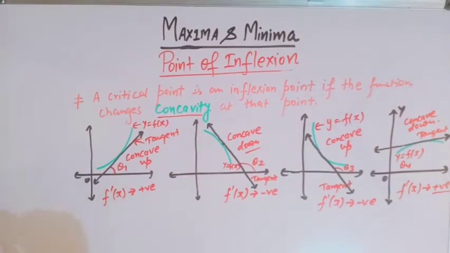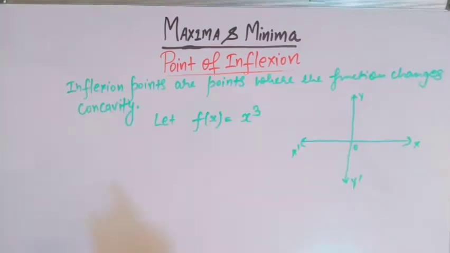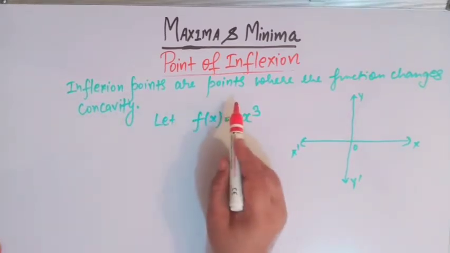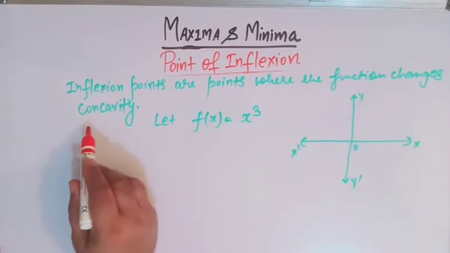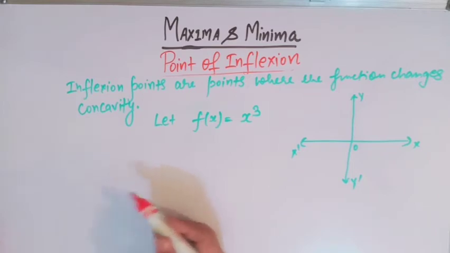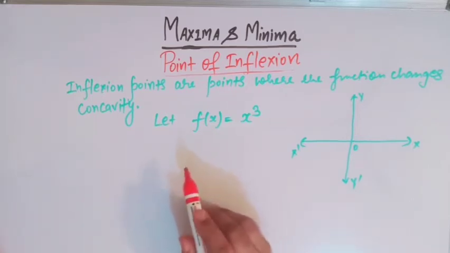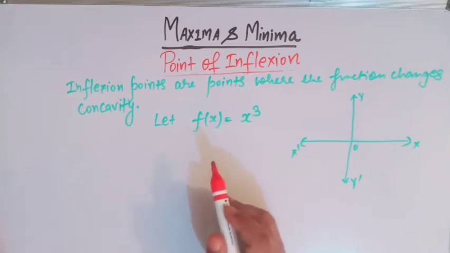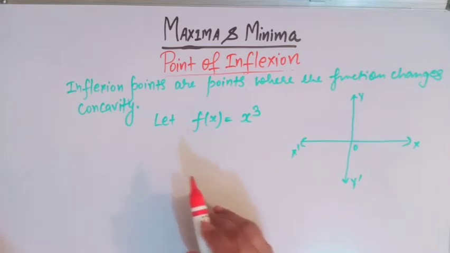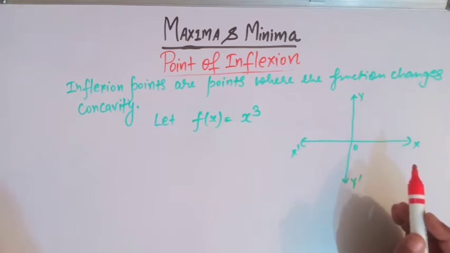Now let me take a very interesting example. Inflection points are points where the function changes concavity, and we have just discussed the meaning of concavity. A graph is said to be concave up when the tangent line is below the graph, and concave down when the tangent line is above the graph.